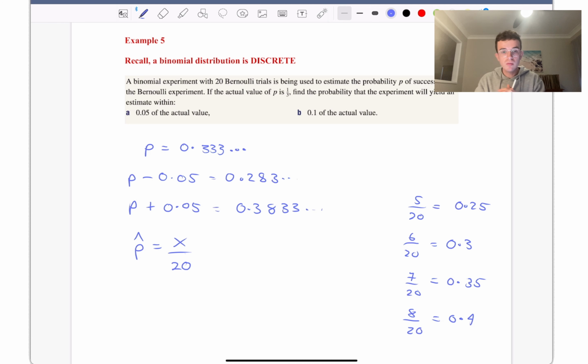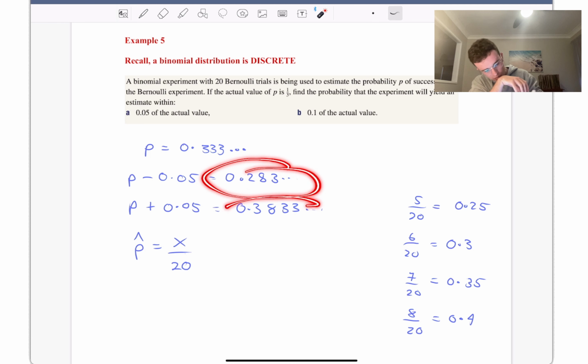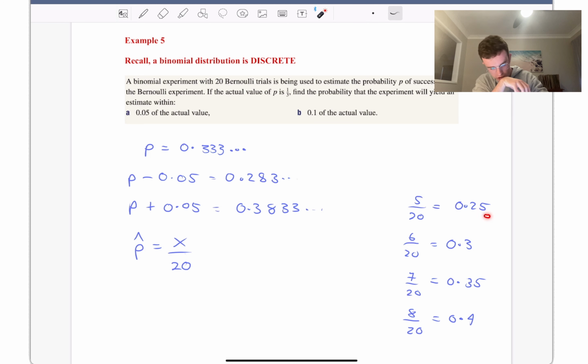We're not doing a normal approximation where we can look at long decimals. These are discrete. So we have to choose an actual value of x, 1, 2, 3, all the way through to 20, that's close to these proportions. Now we can't choose 5 because that means the proportion of 0.25 is out of our bounds, it's below it. So we can choose 6 though.